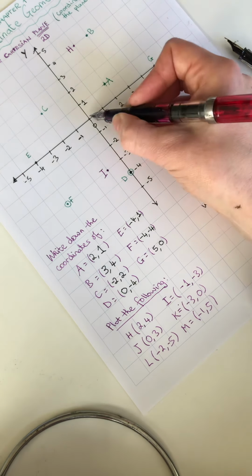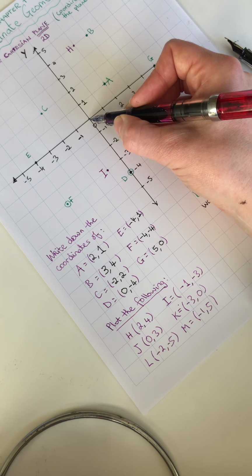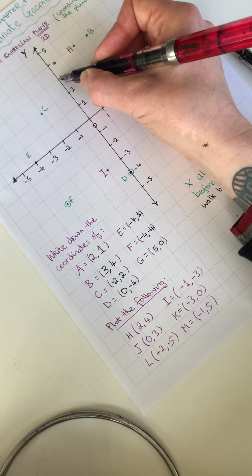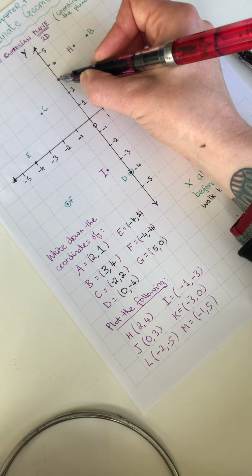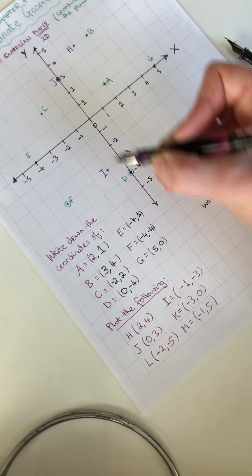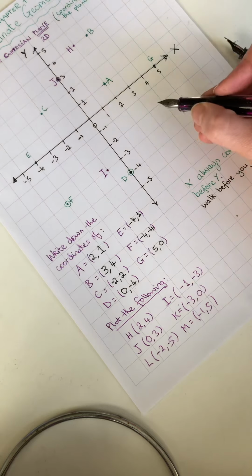J, I don't walk. I don't go left or right. I just jump up 3 spaces, 0, 3. So I jump up 3 spaces. When it's on the axis, I almost always put a circle around it. K, minus 3, 0.